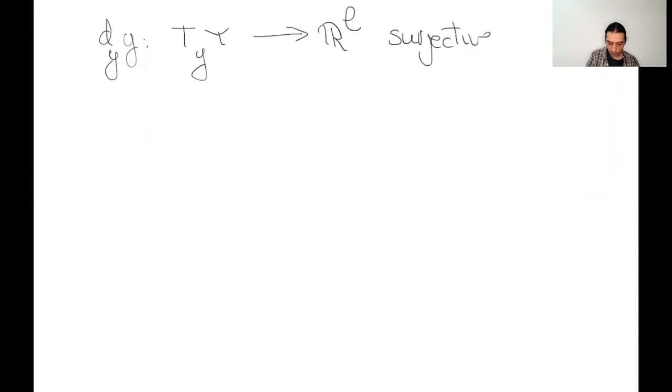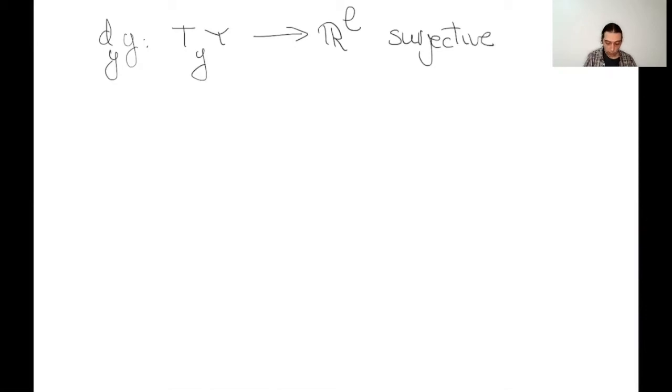So we have a map, just the differential of G at the point y, between the tangent space to Y at y and R^L, which is surjective because G is indeed a submersion.